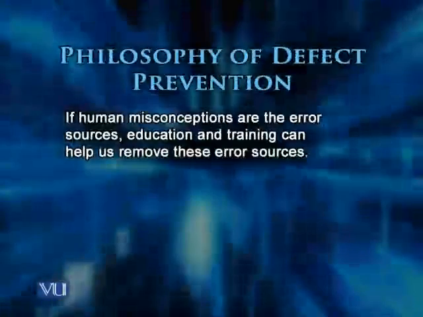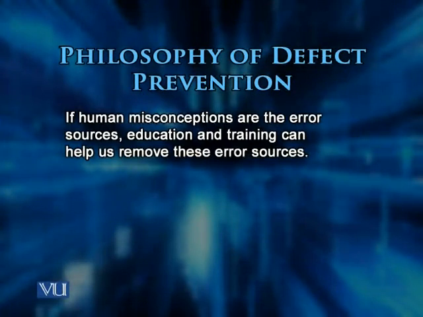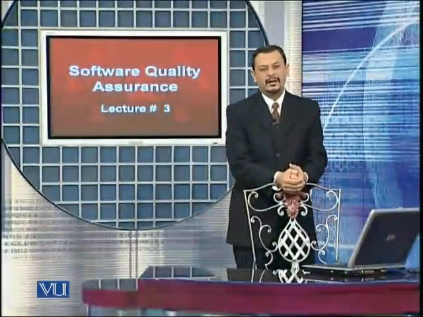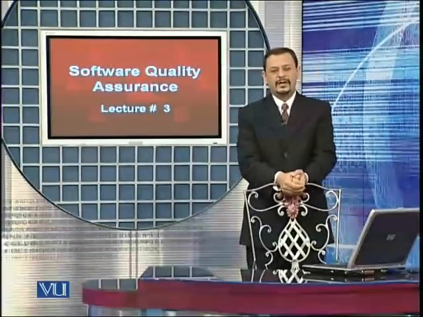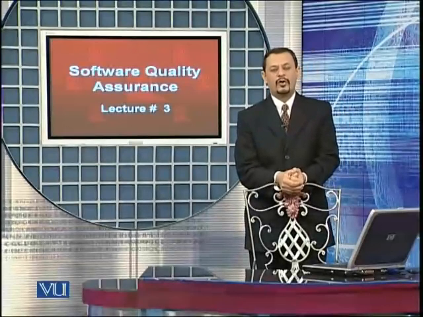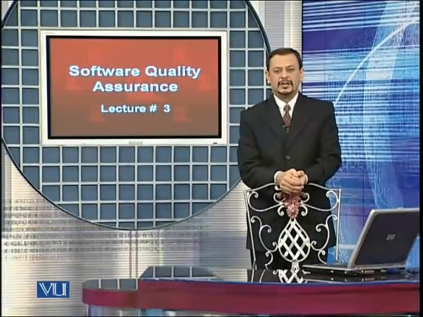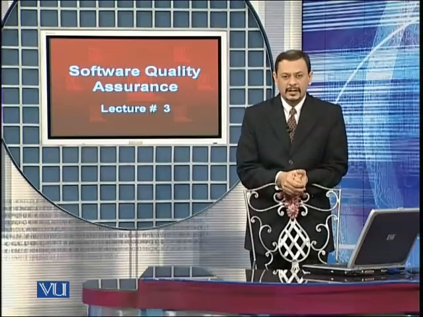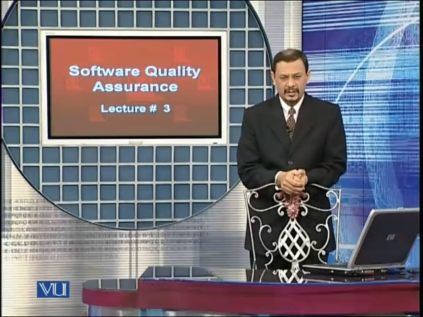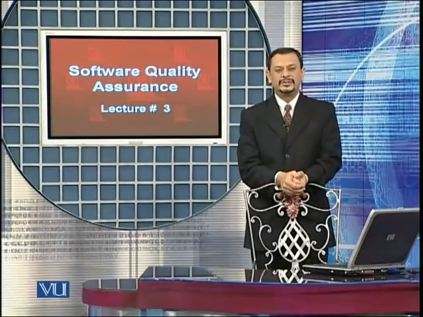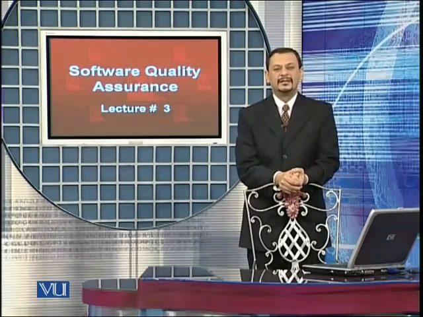Let's look at the philosophy of defect prevention. If human misconceptions are the error sources, then education and training can help us remove these error sources. We have to understand why an error occurs. If an error is occurring because of the misconceptions of humans, of IT people, then we can provide them education and training so that we eliminate that source of error.